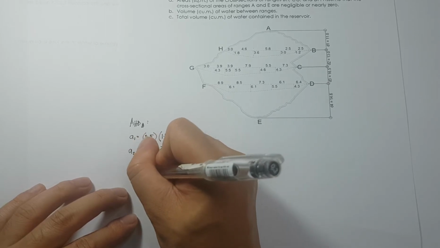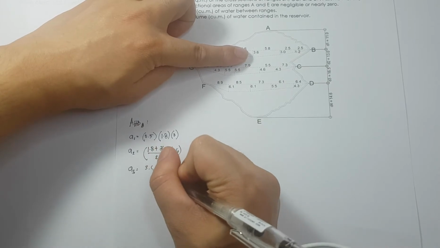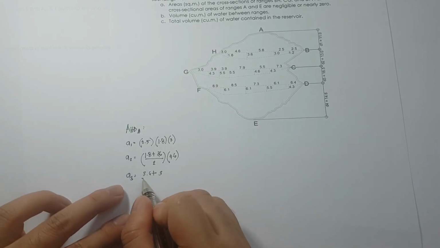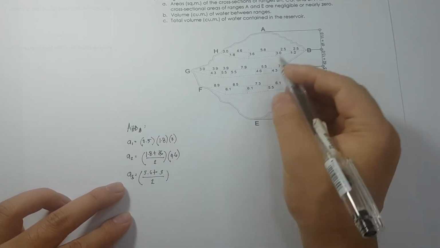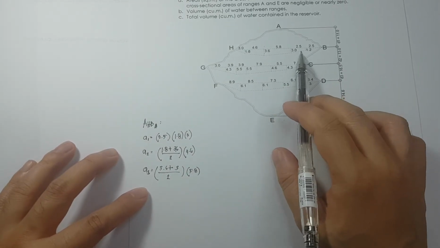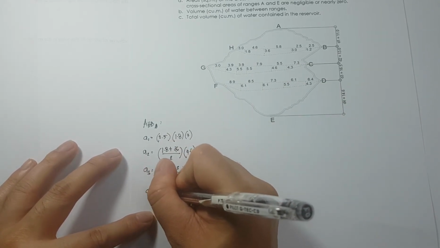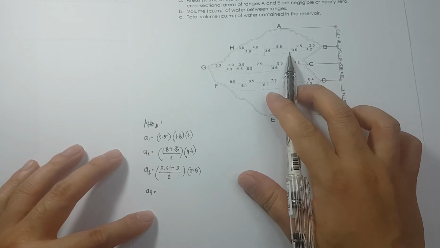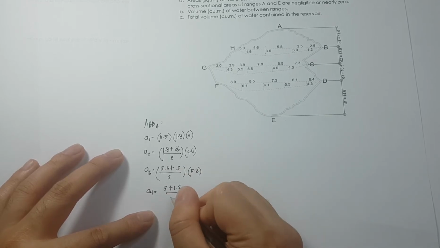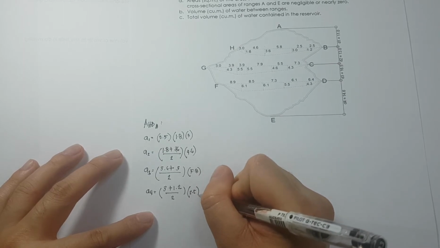Now for area 3, that is again a trapezoid. So that would be 3.6 plus 3 divided by 2 times the span of 5.8. Okay, next for area 4, that is equivalent to 3 plus 1.2 over 2 times the span of 2.5.